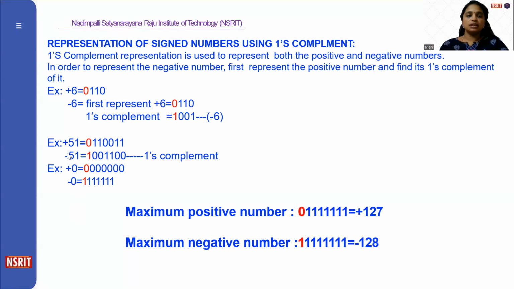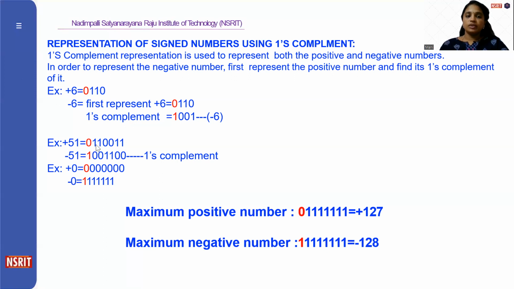Let us take another number, plus 51. Convert this decimal number 51 into a binary number: 110011. So add 0 as a sign bit, because the sign of this 51 is plus. Next step. If I want to represent minus 51 in ones complement, then the sign bit equals 1 for minus 51.